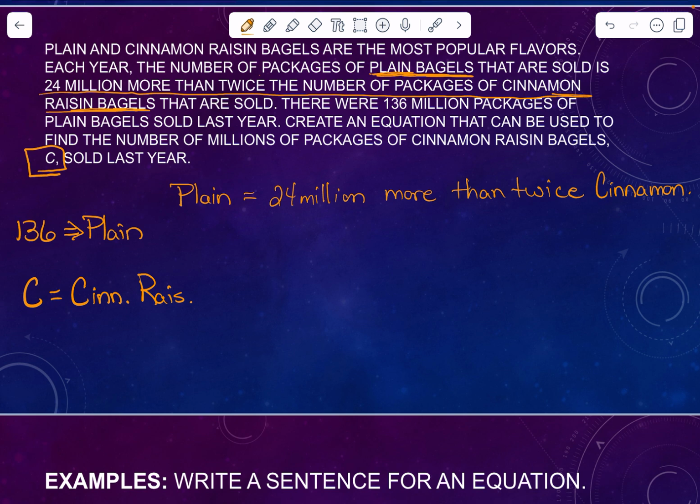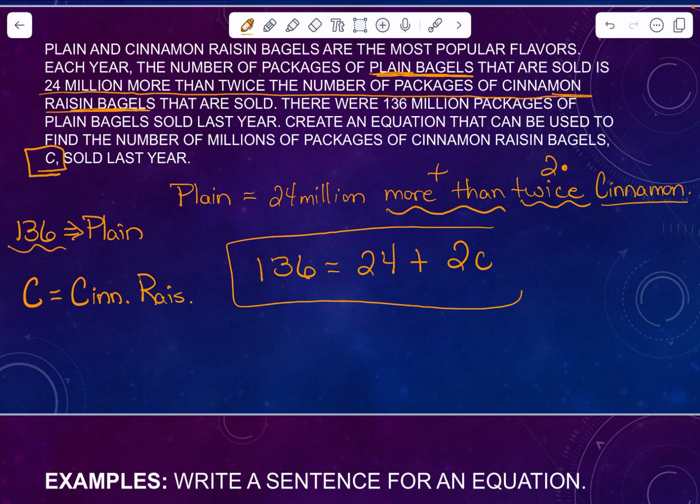Do I know how many plain ones there were? You bet. I sold a total of 136 million. That's going to equal 24 million. Okay, so 24 more than means addition. Twice means 2 times it. 2 times what? The cinnamon. So 2C. And there would be our equation.